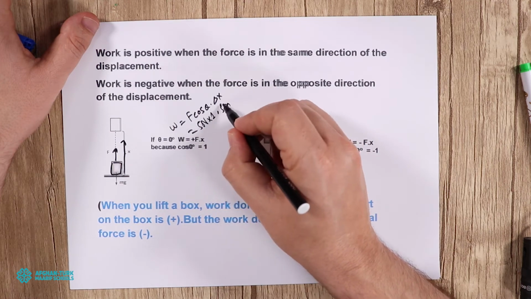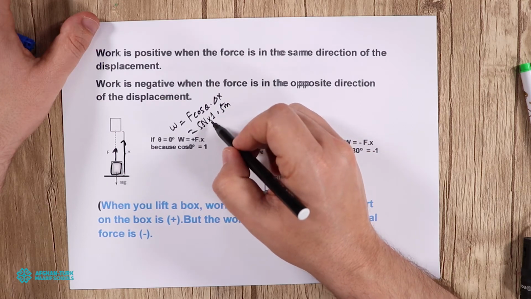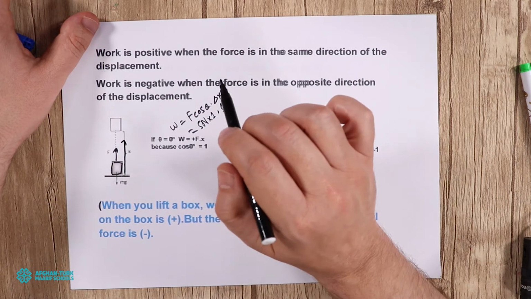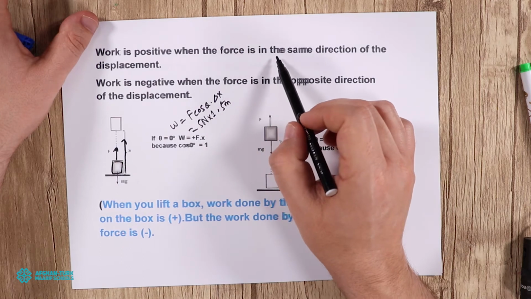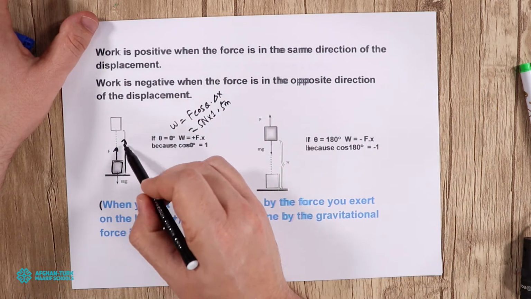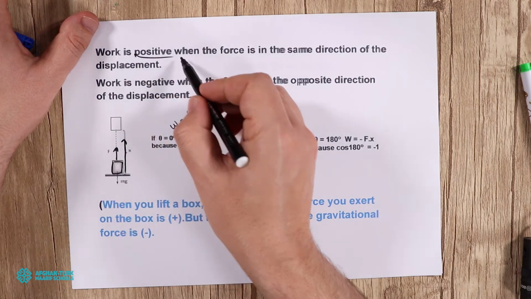In this case the work done will be positive, as well as maximum when theta is 0. Let's see the first line: work is positive when the force is in the same direction as the displacement. When both are in the same direction, we can say the work will be positive.